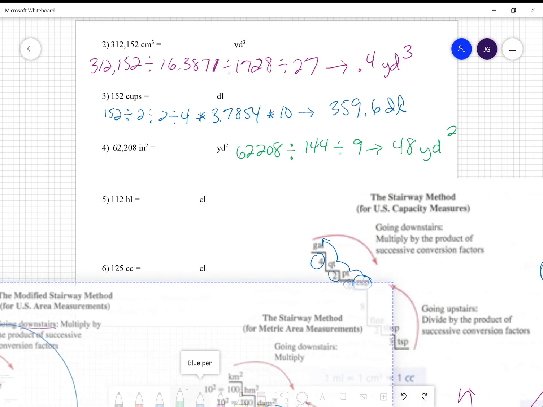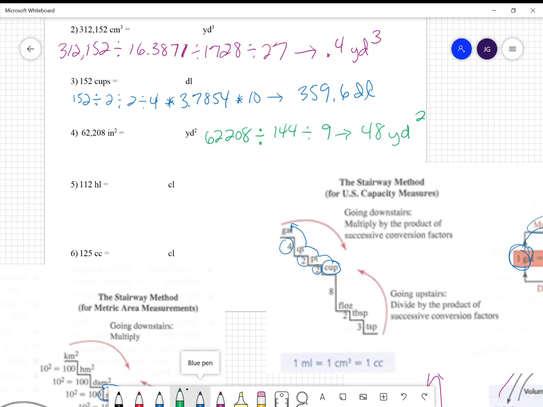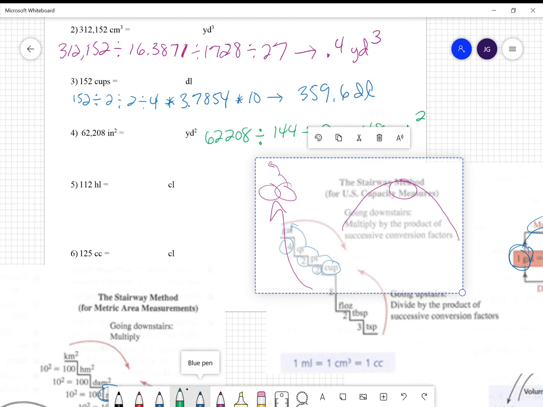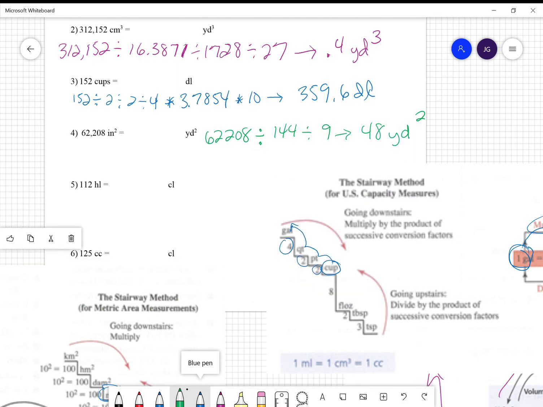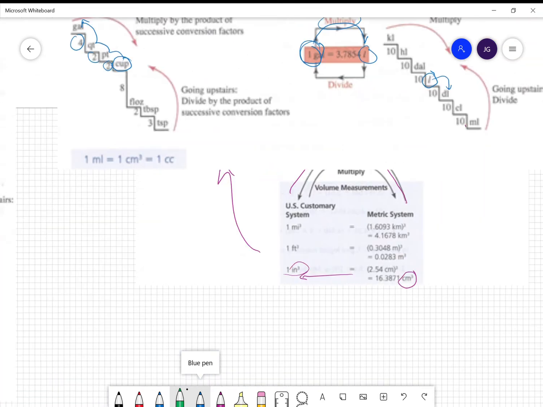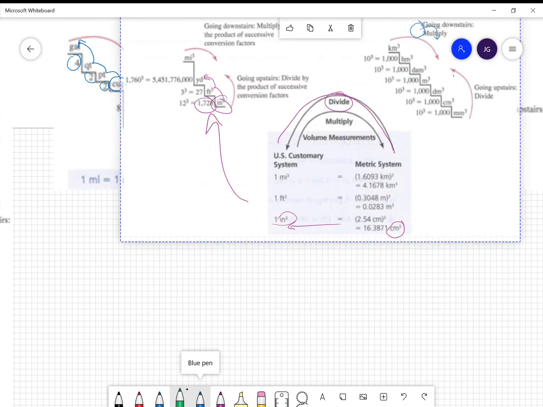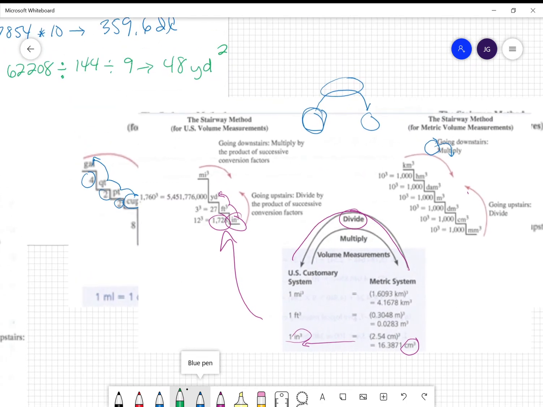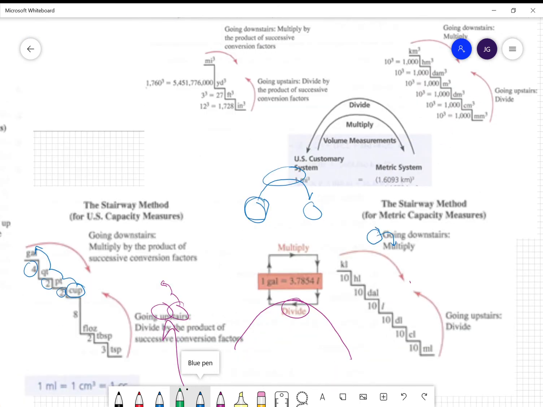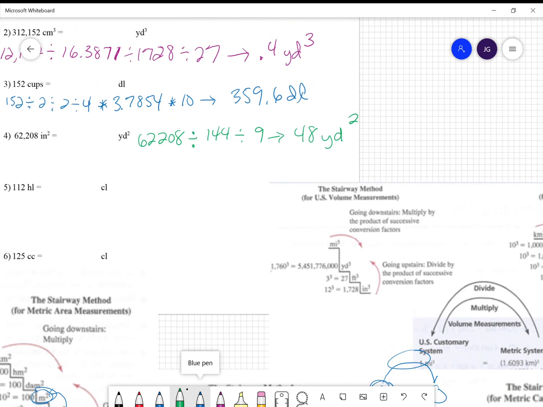Okay, next problem is hectoliter to centiliter. Okay, that's a volume. So I will find my volume and move that up. Volume is here. All right, 112 hectoliters to centiliters.